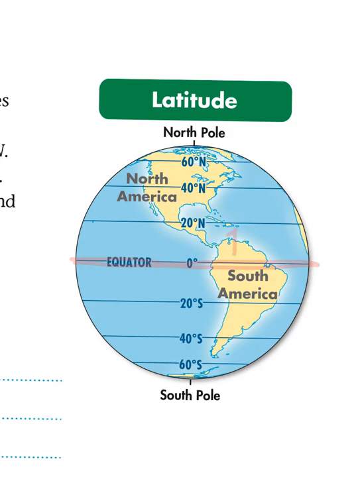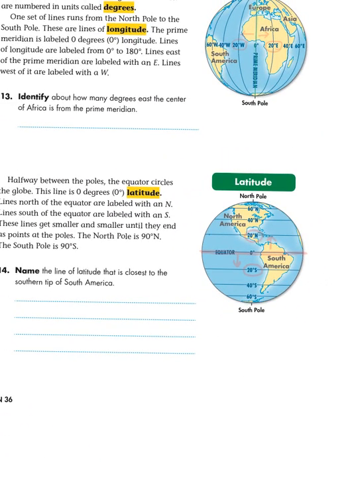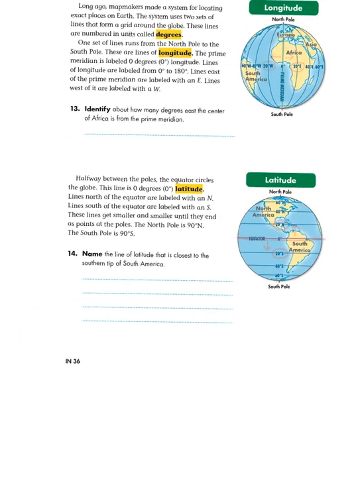If you go north of the equator, the degree marks for latitude are going to be labeled with an N. If you go south of the equator, the same is true with an S. The North Pole and the South Pole are the 90-degree points, north or south, when it comes to latitude lines. So these grids of lines cut across our planet and help us figure out where things are.